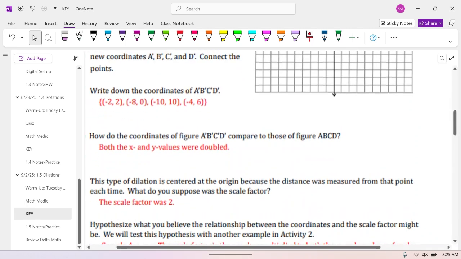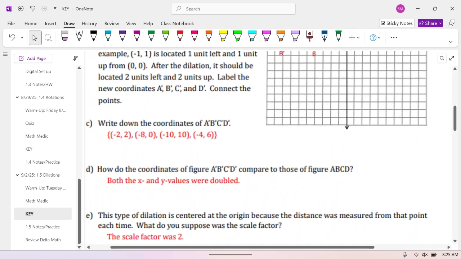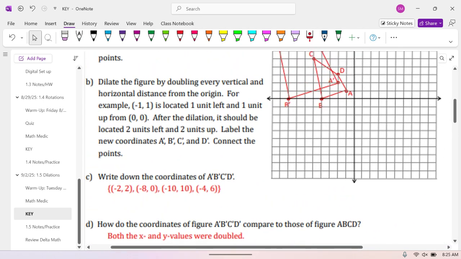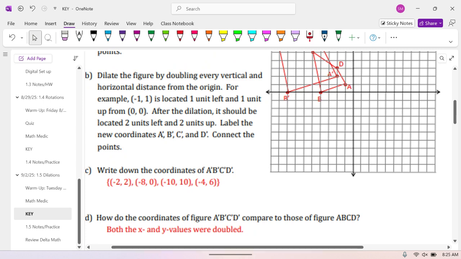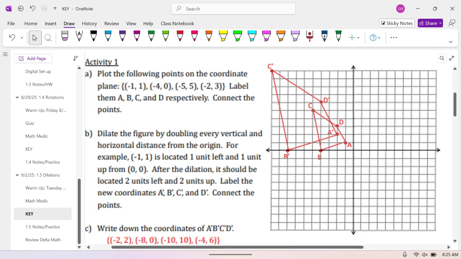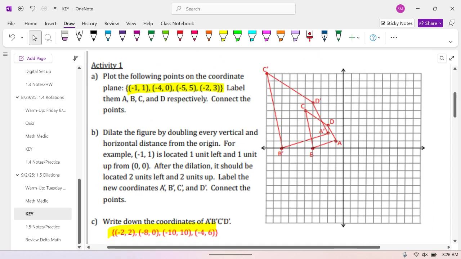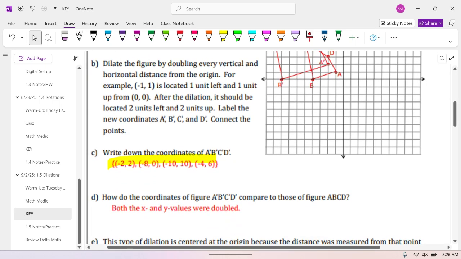Let's keep going to the next one. So, again, between the first and second coordinates, what specifically happened? So if you look from these coordinates to the new coordinates, what happened? They doubled. So in other words, you multiply the x and y by 2. All right.